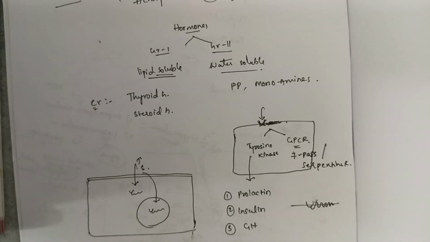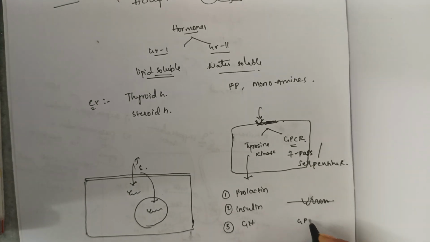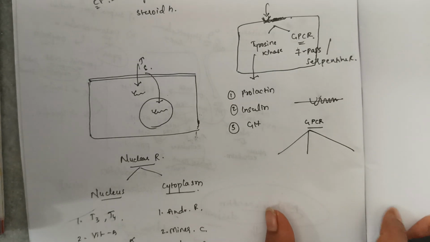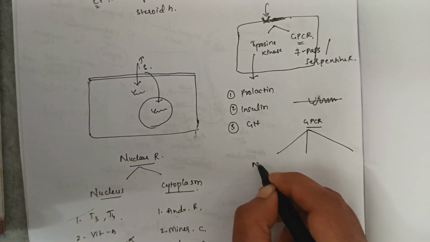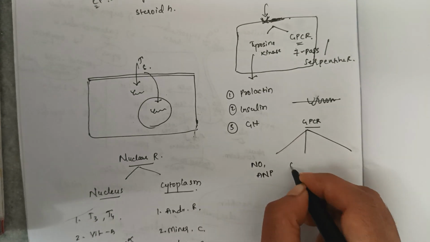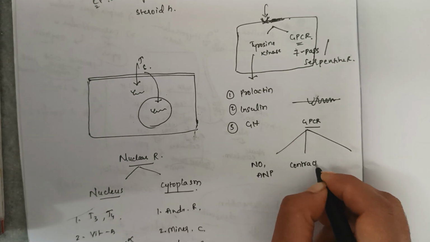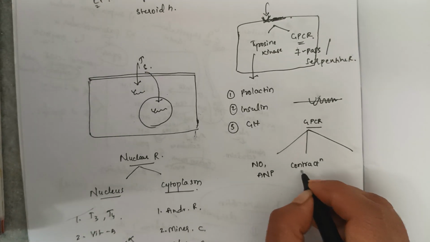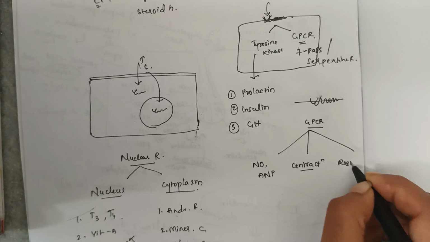That's why it is known as serpentine receptor or 7 pass receptor, because it is 7 times curved. So, GPCR acts on the cell via three mechanisms. What are the three mechanisms? Via nitric oxide and ANP, via contraction, and via all other mechanisms.